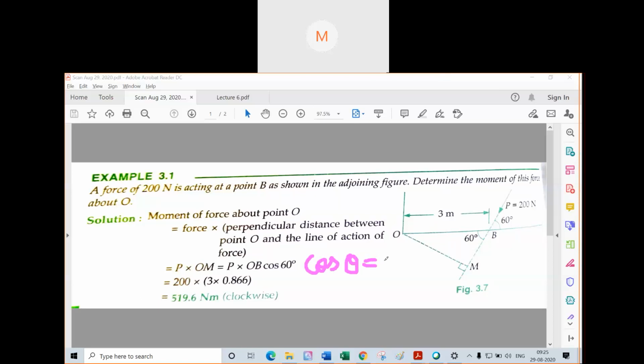Anyone tell me what is cos theta? Yeah, no one is there. Adjacent side by hypotenuse. Base by hypotenuse.